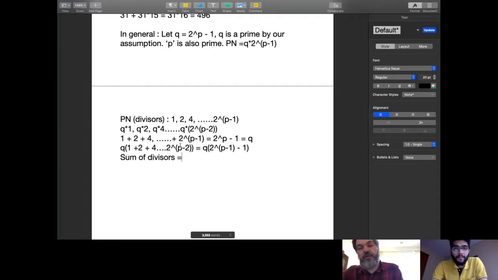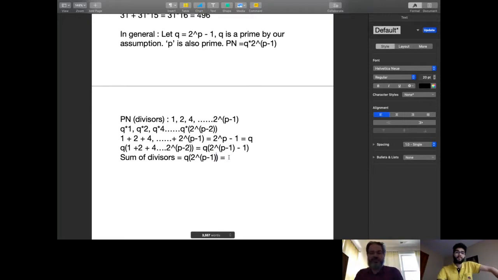Now we add those two lines: q plus q times that. So this equals, let's see what happens. I can see that you see, but I don't know if everybody can.